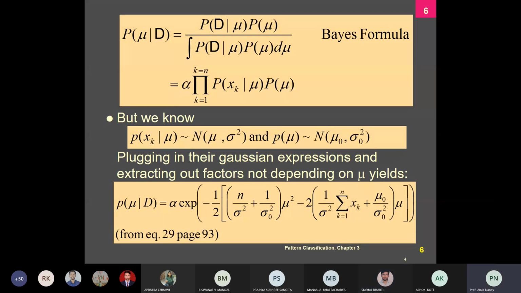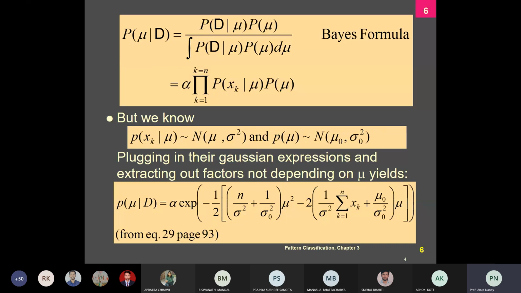Here the denominator term is considered as a normalization factor, which we are going to denote by alpha, and it depends on D but is independent of mu. The denominator is basically the probability of D. So alpha is equal to 1 by probability of D. You can also compute it.